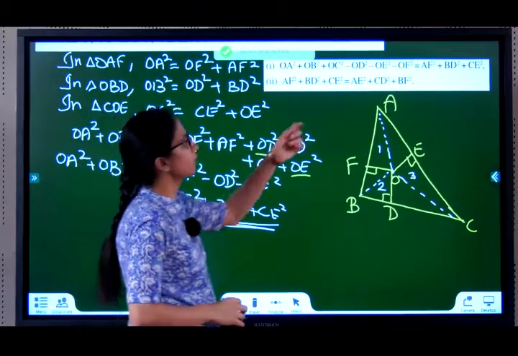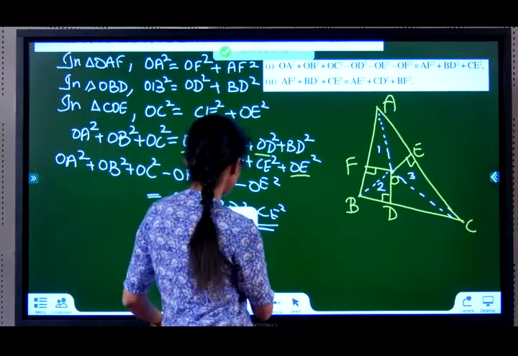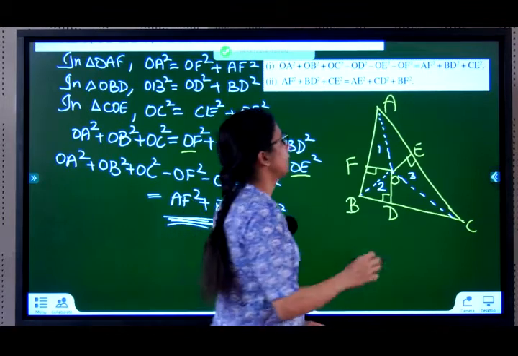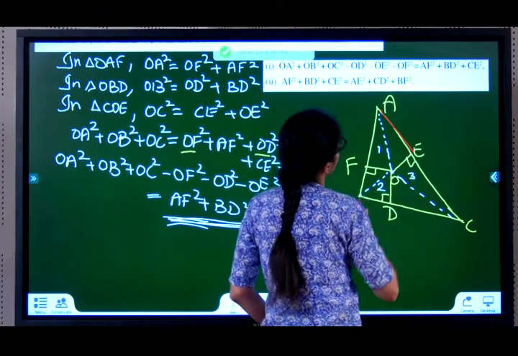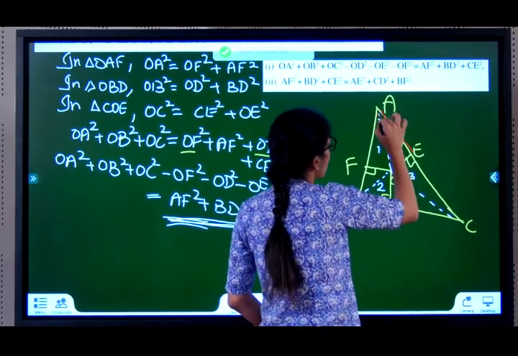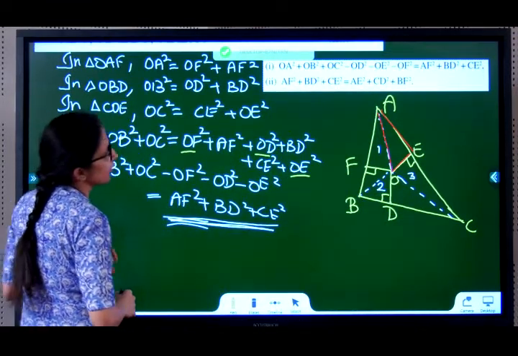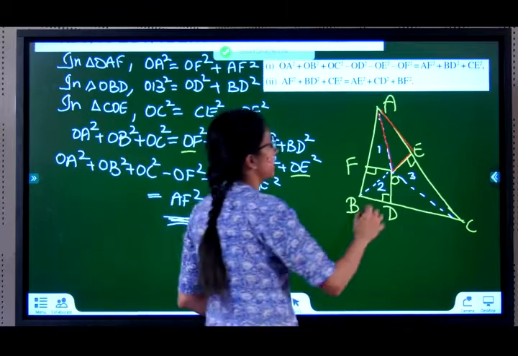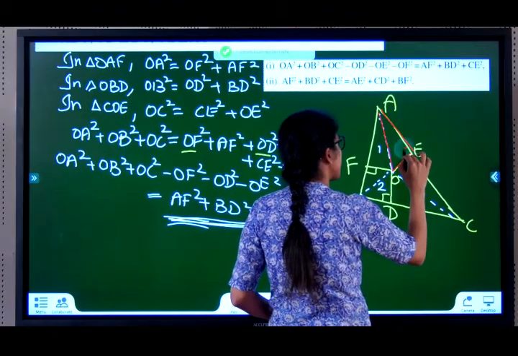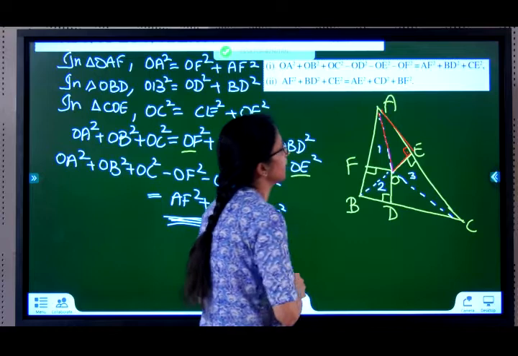So, we somehow have to relate it to AE. So, now AE square is related to whom? OA and OE. Yes, OA and OE.